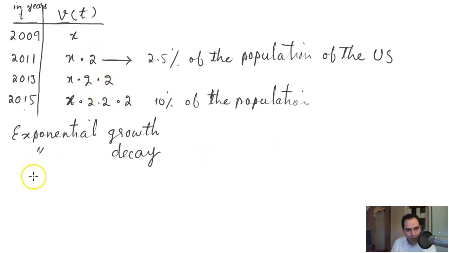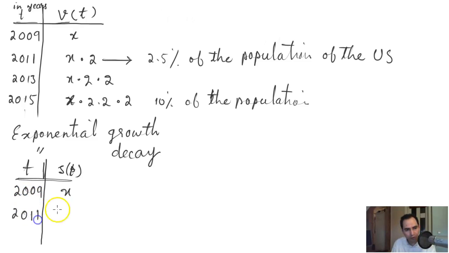But you could have other models. For example, the population of some species of animals in some place on Earth. Let's say this is the species S of T, and let's say again in 2009 the population was X, and then this species after 2 years, for example in 2011, the population is X times 1/2.